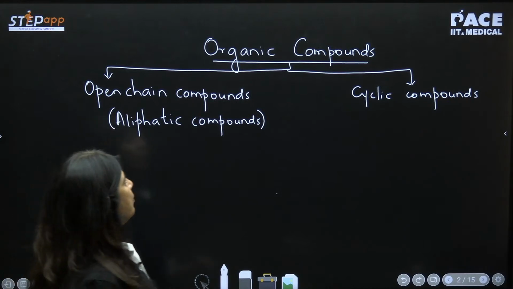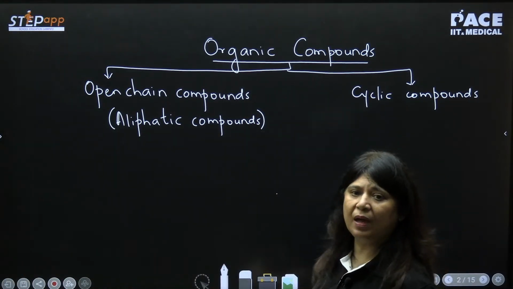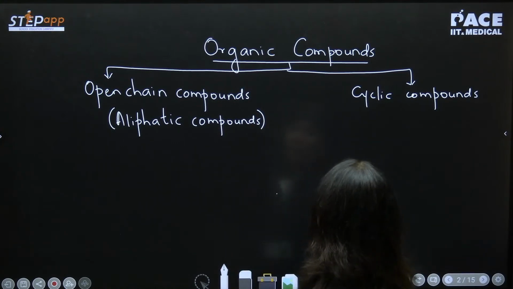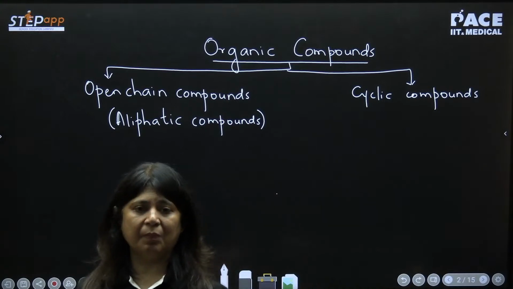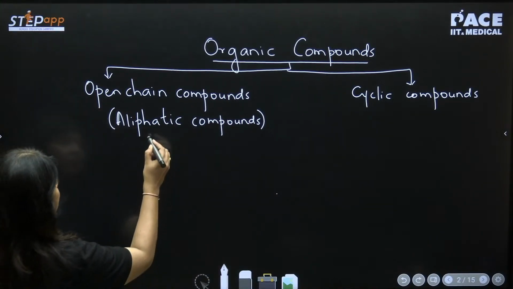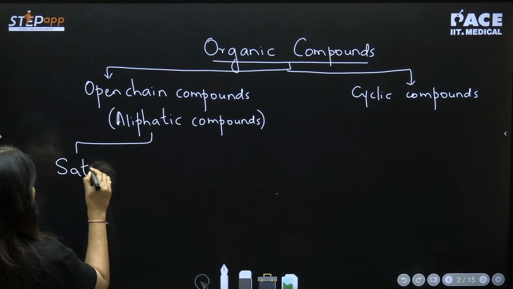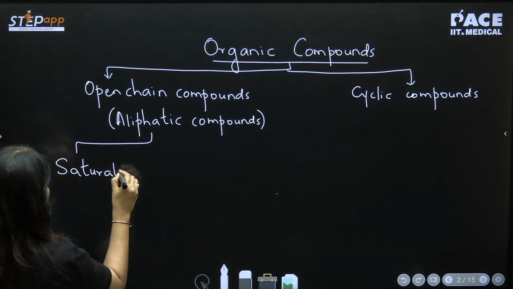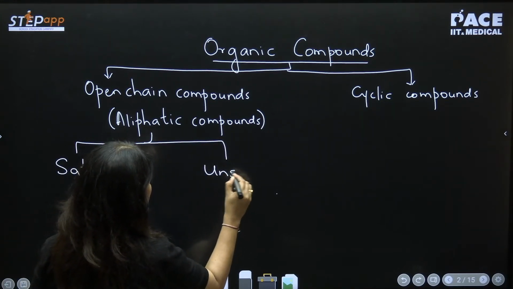Fine. So organic compounds, classification of organic compounds: you have two types. You have open chain and you have cyclic compounds. Open chain compounds are also called aliphatic compounds, which are further classified into two types. You have saturated and you have unsaturated.